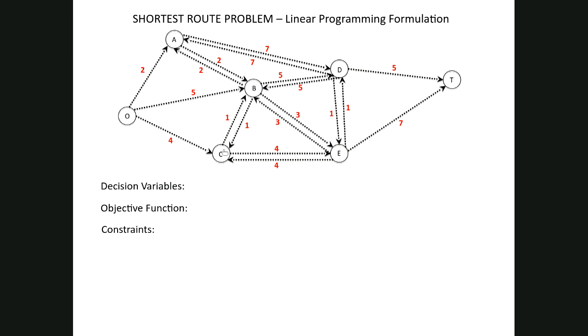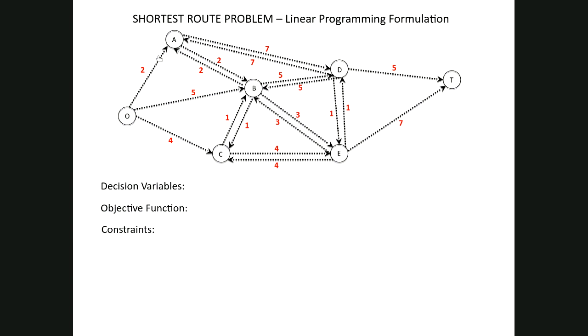In other words, these are showing two-way streets between these locations. The reason that the origin to each one of its destinations is only one direction is because if you ever leave the origin, you're not ever going to want to come back to the origin. Similarly, going into the destination or the terminal, once you get to the terminal, you're done, and you'll never leave the terminal.